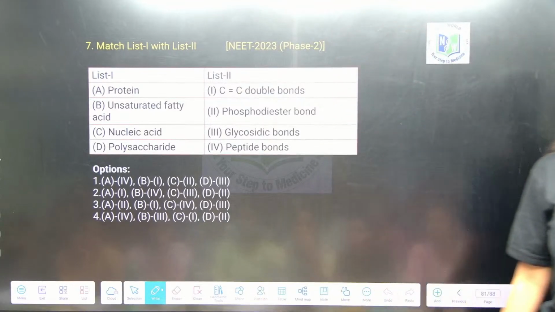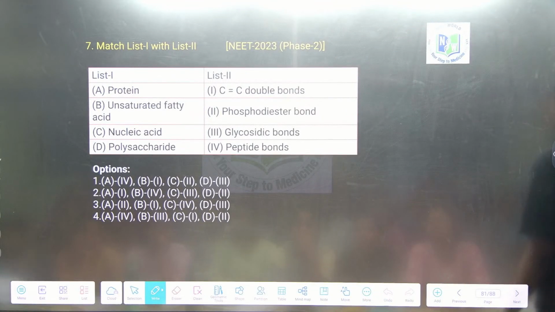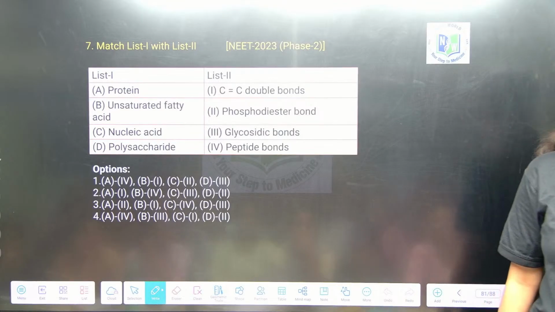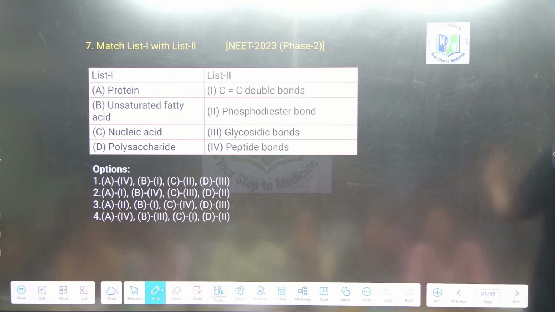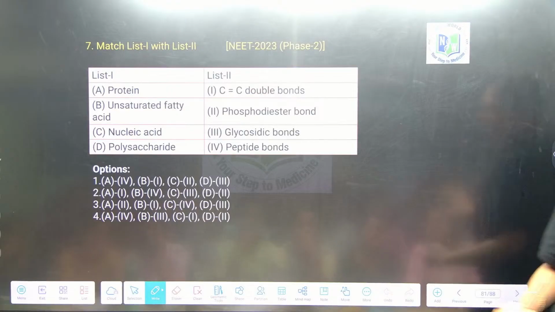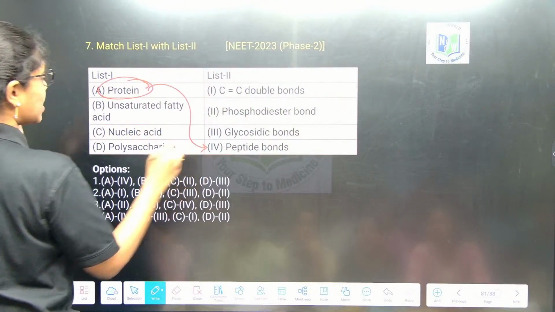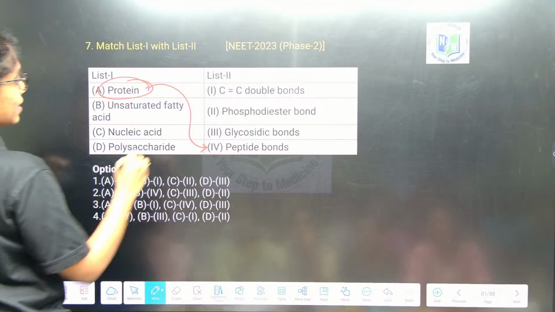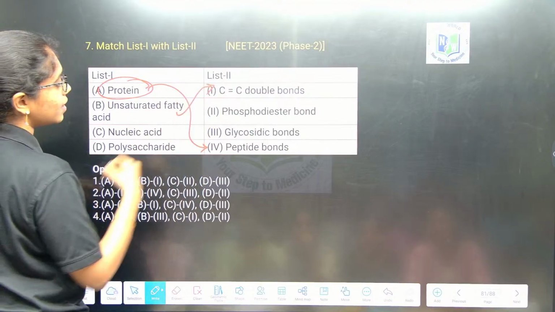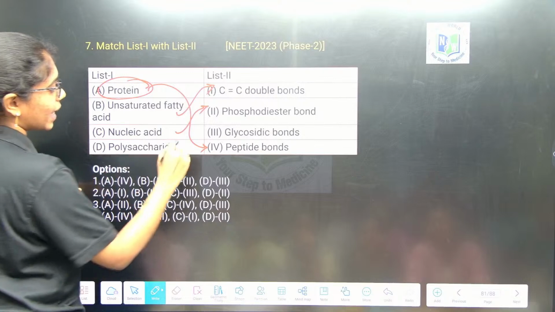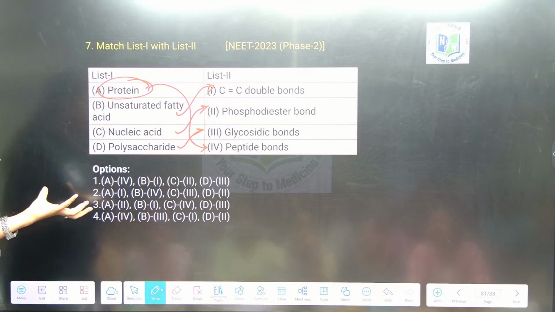To this team, nobody should answer. Shush. They didn't answer, right? Okay, wait. Protein? Unsaturated fatty acids? Nucleic acid? Polysaccharide? Which option?